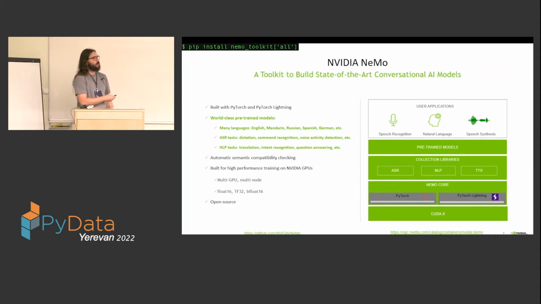I think NeMo is the most robust conversational AI toolkit to run at scale. We put a lot of effort into this. Of course, it can be run multi-node and multi-GPU. It supports quite many numerical formats like float16, TF32, bfloat16, and so on.